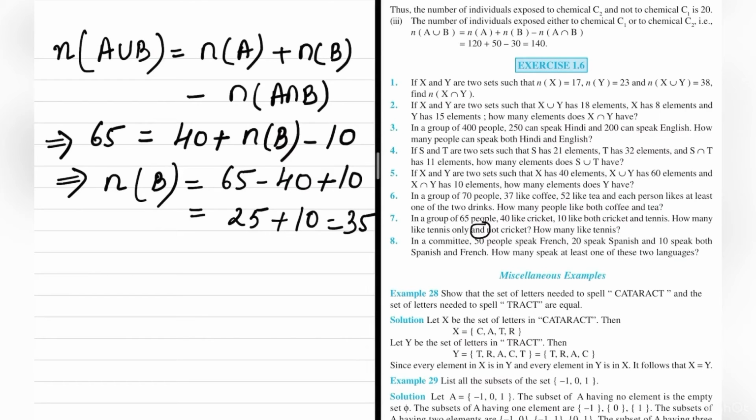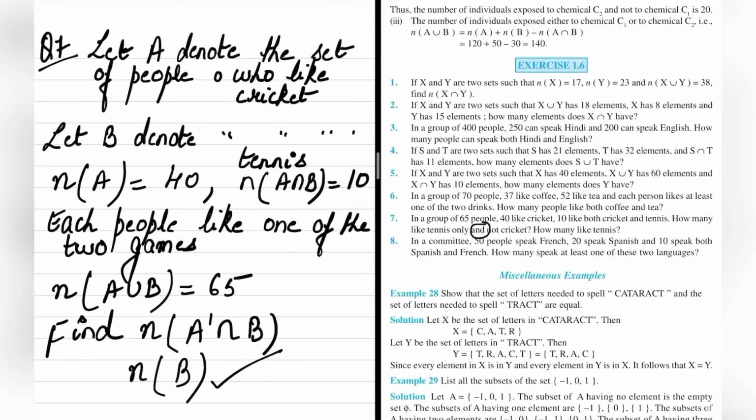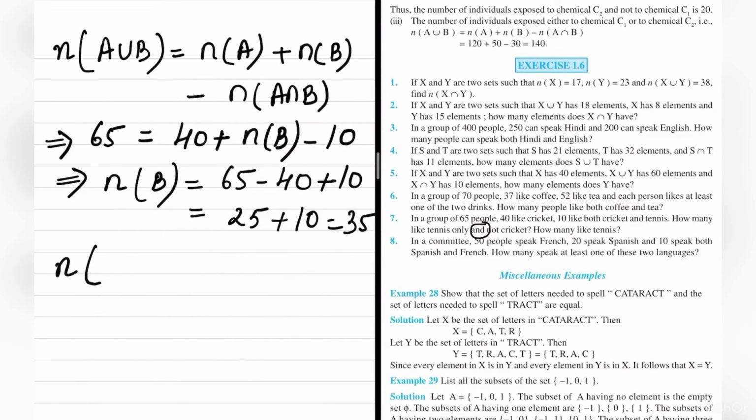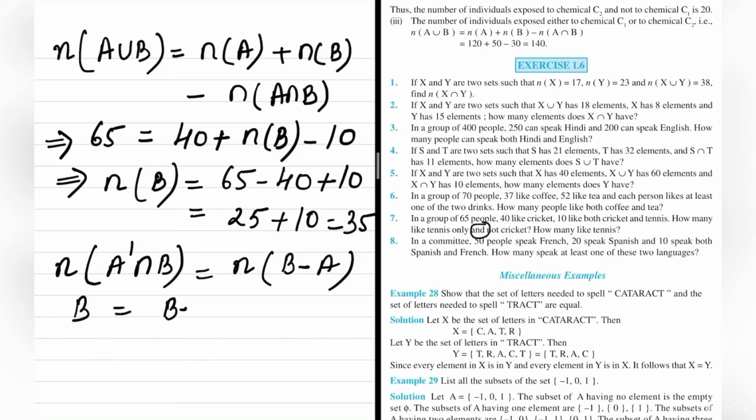Now the next thing which we have to find is the number of elements in A complement intersection B, and I have already told you that A complement intersection B is nothing but B minus A. It is the set B minus A, and the set B can be written as B minus A union with A intersection B, where these two sets B minus A and A intersection B are disjoint.